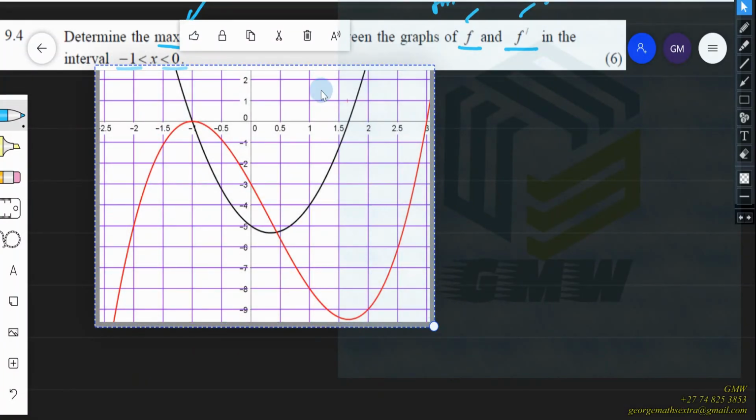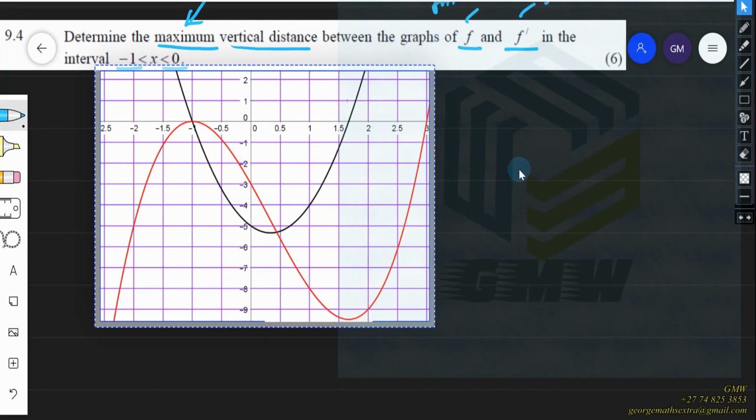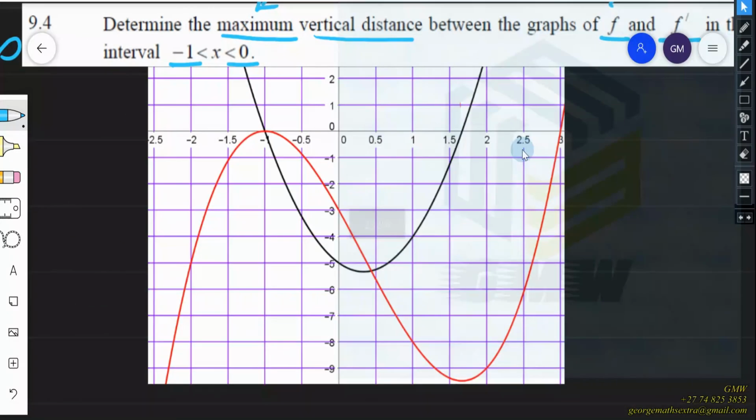If you look at these graphs, you can see that this one is the parabola, which is now representing our f prime of x, which is 3x squared minus 2x minus 5, and this one is our original function, which is x cubed minus x squared minus 5x minus 3.